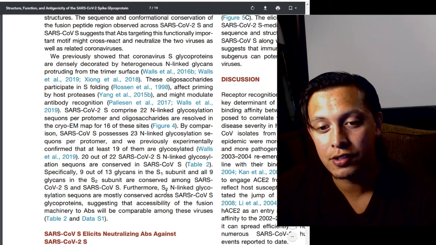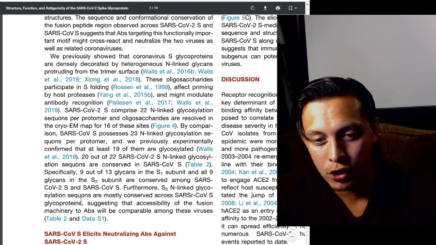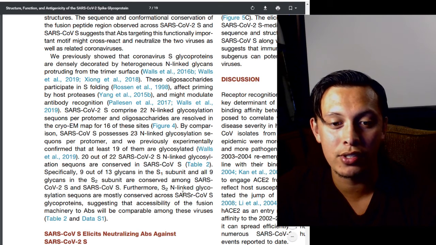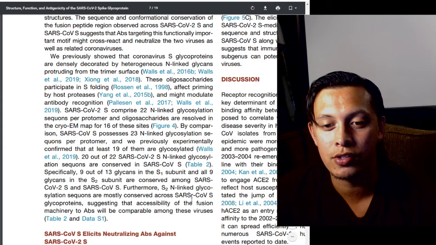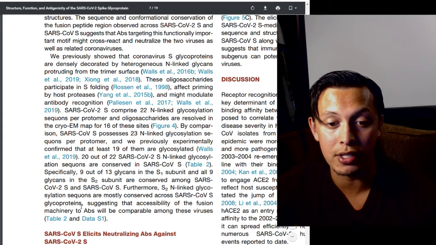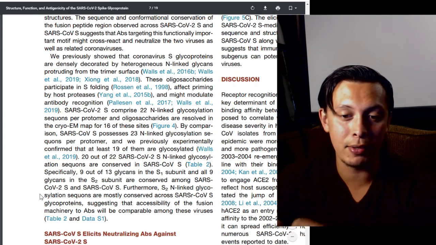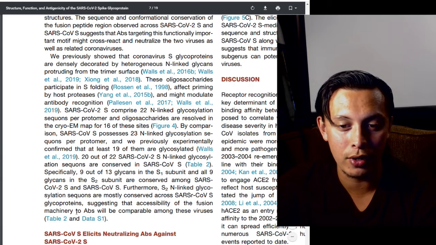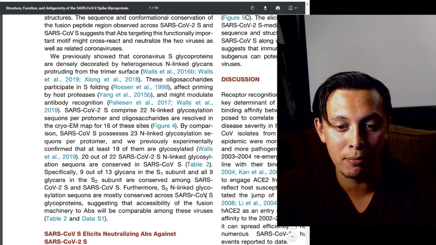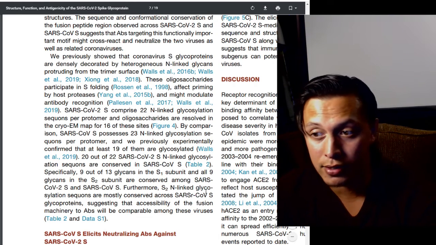Furthermore, S2 N-link glycosylation sequences are mostly conserved across SARS-related coronavirus S glycoproteins, suggesting that accessibility of the fusion machinery to antibodies will be comparable among these viruses.